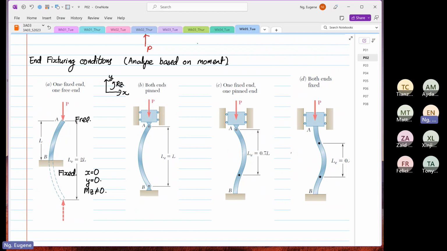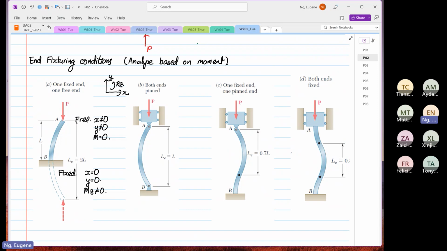So this is the condition of fixed. Why is moment at z at point B not equal to 0? Because the structure is not rotating at all unless the applied force is applied at P. When we look at free, x is not equal to 0, y is not equal to 0, moment is equal to 0. That's how I identify between fixed and free.